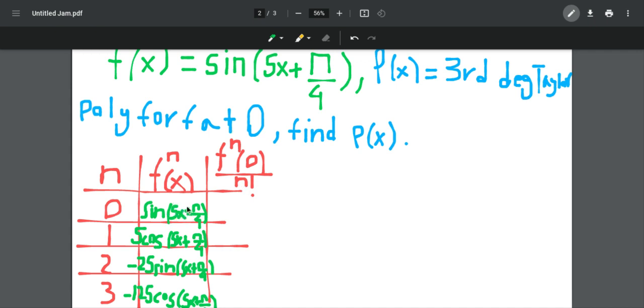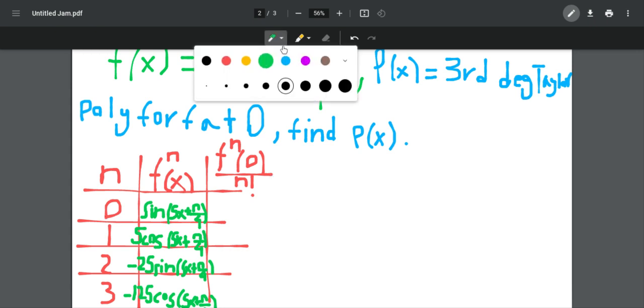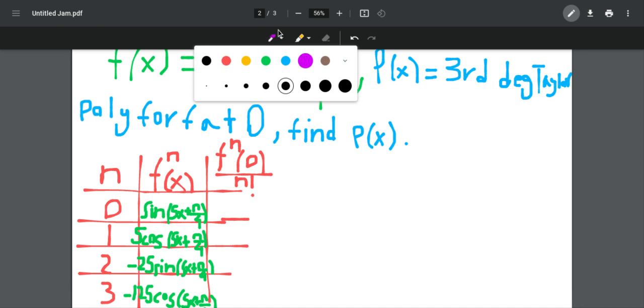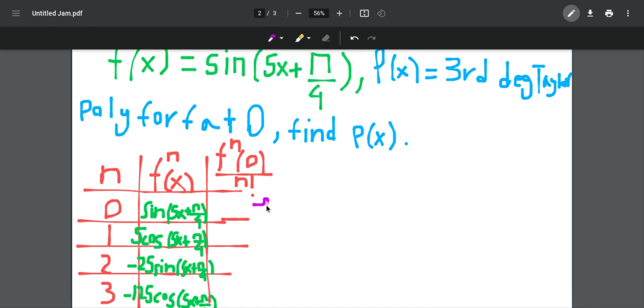So for the first one, for example, when we plug in x is equal to 0, we get sine of pi over 4, which we know is square root of 2 over 2, and then divided by n factorial. 0 factorial is 1. So let me extend this. For the first row, we just get square root of 2 over 2 over 0 factorial, which is just square root of 2 over 2.